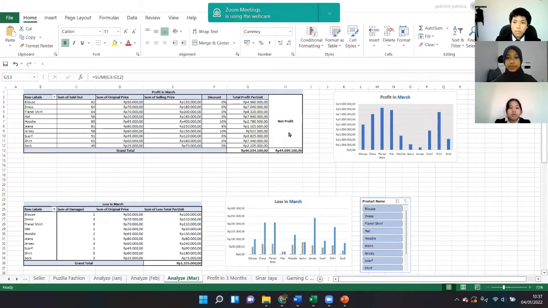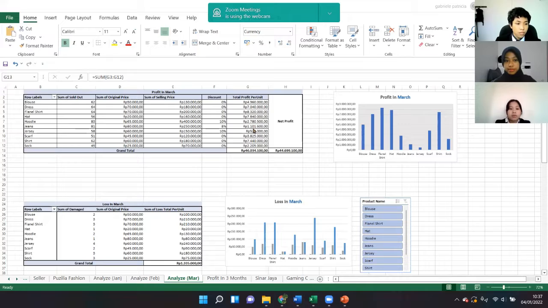And the net profit is the total profit minus the total loss, and the total net is 44,699,100 rupiah.